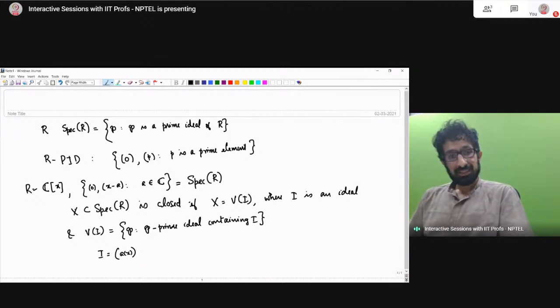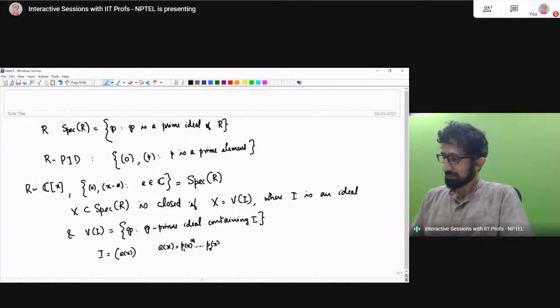But A(x) is a polynomial in C[x], so it has a decomposition into powers of primes. I can write this as P1(x) to the power alpha 1, etc., Pr(x) to the power alpha r.